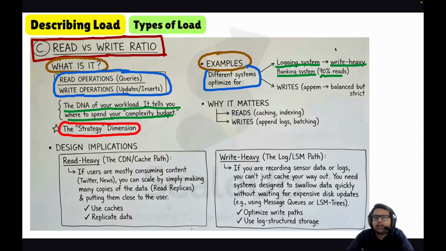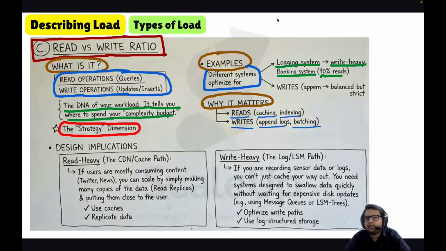Now let us look at the importance of read-write ratio, why it matters. If we talk about read, we can read from cache, index. And when we talk about write, write is basically appending the log, batching. So why it matters is that read operation is relatively fast and less compute intensive as compared to write operations.